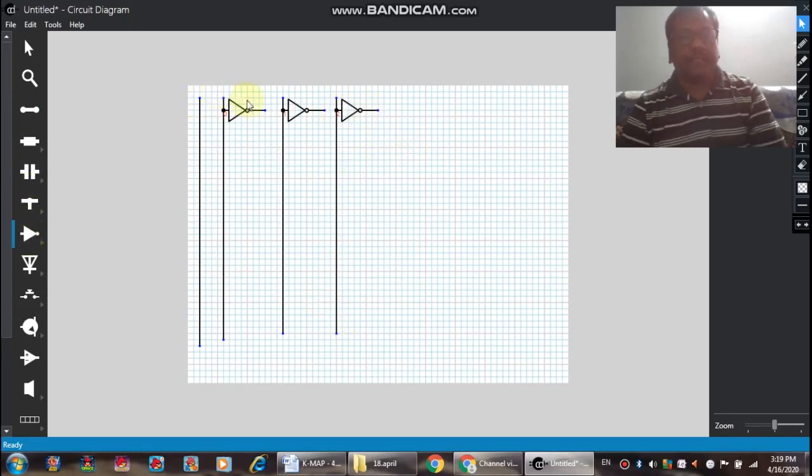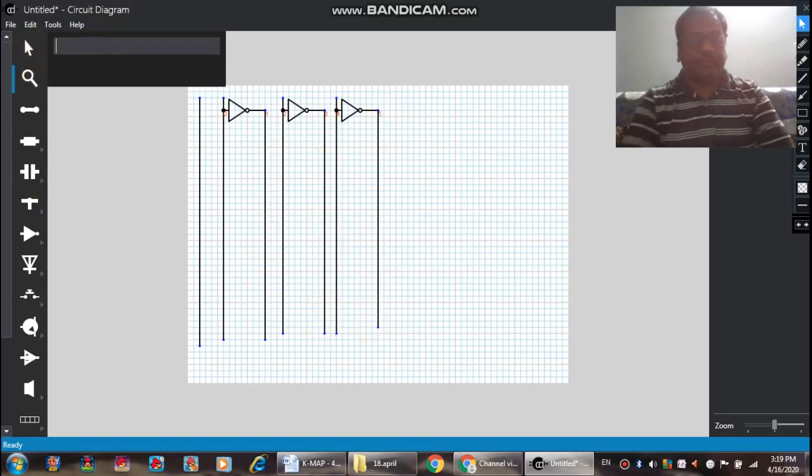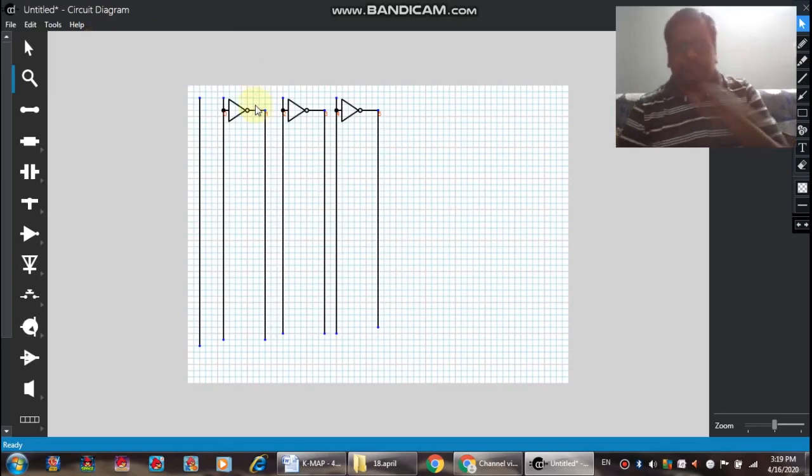Here is A, B. Now what we will do, we will take a drop line for B bar, C bar and D bar. Now what we will do, we will add AND gates. How many AND gates do we have to make? 1, 2 and 3.